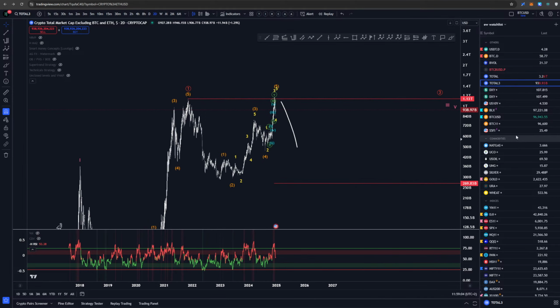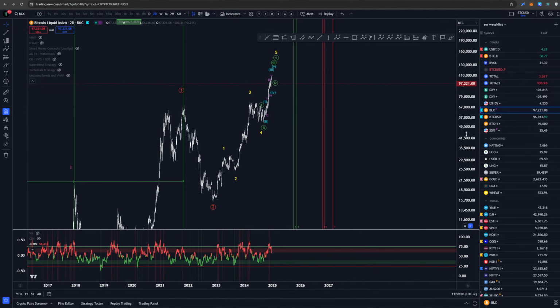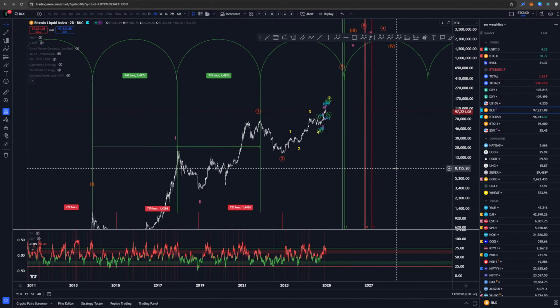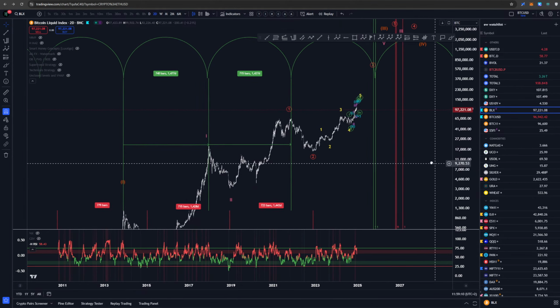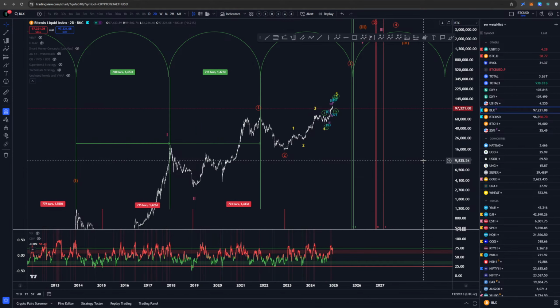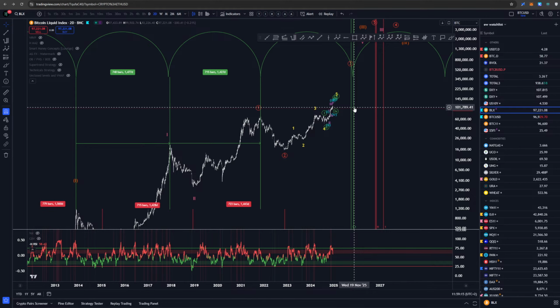The issue with this, how I've labeled this, is that if you watched the cycle video that I had created, the cycle here on BLX or Bitcoin would end the next top somewhere in the September, October area.